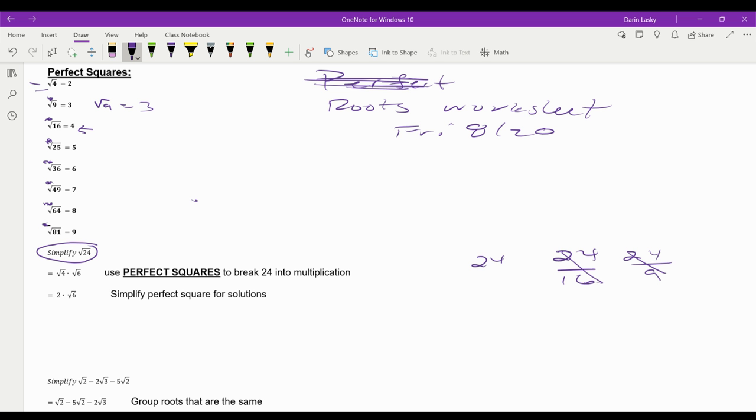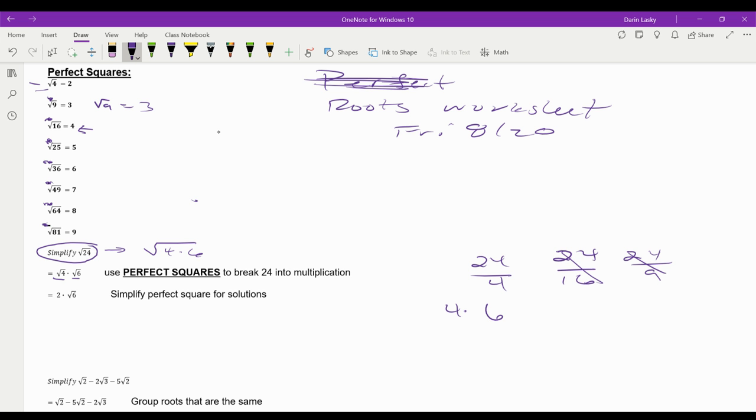So does 24 get divided by 4 evenly? Yes, it does. It becomes 6. So that means 4 times 6 is equal to 24. So the square root of 4 times 6 is the same as root 24. I can break it up into two pieces: square root of 4 times the square root of 6.